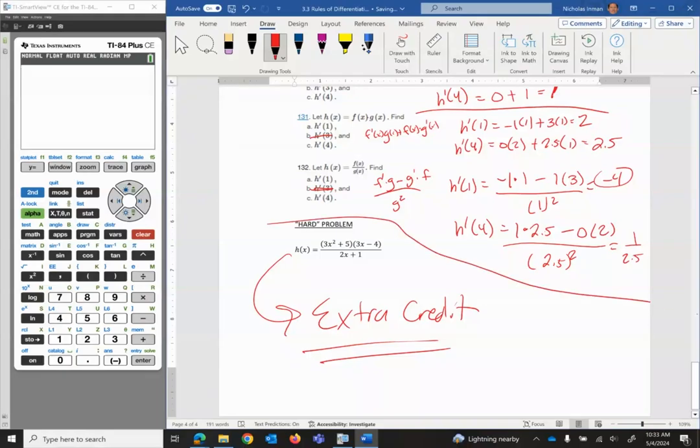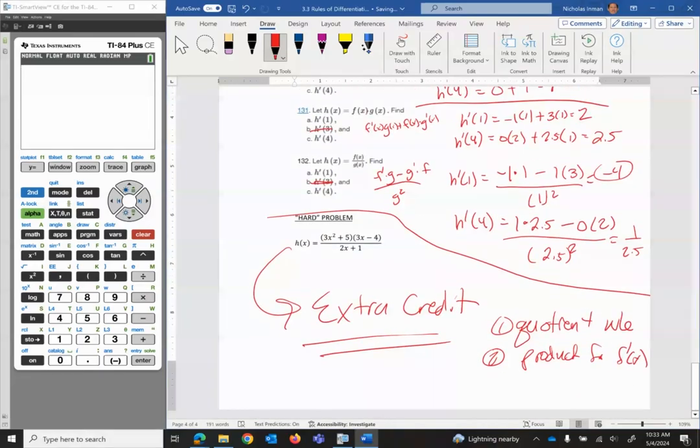It's a quotient rule: something divided by something. But when you do the derivative of the top, you've got to do a product rule. So that one's a fun problem. You have to do a product rule and a quotient rule in the same problem. So again, that will be some extra credit. Do that one on paper, show all your work, and send that to me for some extra credit.